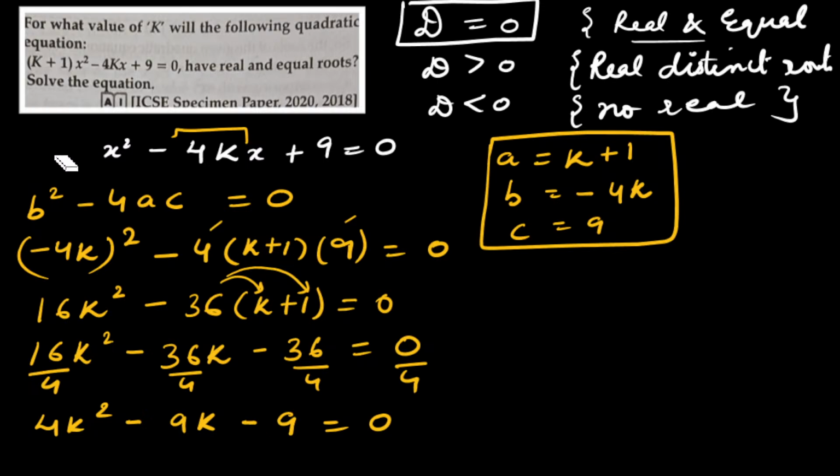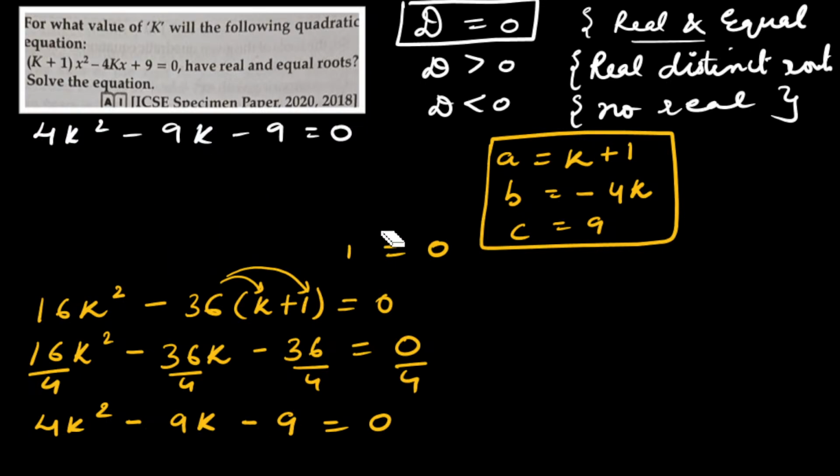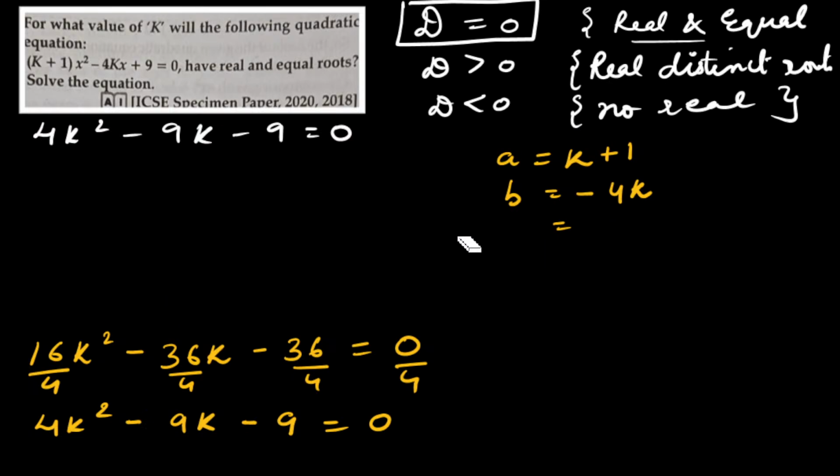So now for k also, here I am getting a quadratic equation. That means I have to solve one more quadratic equation. So 4k square minus 9k minus 9 is equals to 0. This is the new quadratic equation which we are getting in terms of k. So that means two values of k we will get now. So let us solve this one.